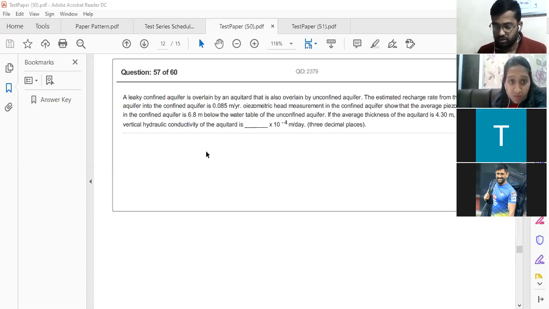Okay, so again you have the formula V is equal to K i. Apply this formula. We have the value of V given. So V is equal to 0.085 meter per year.